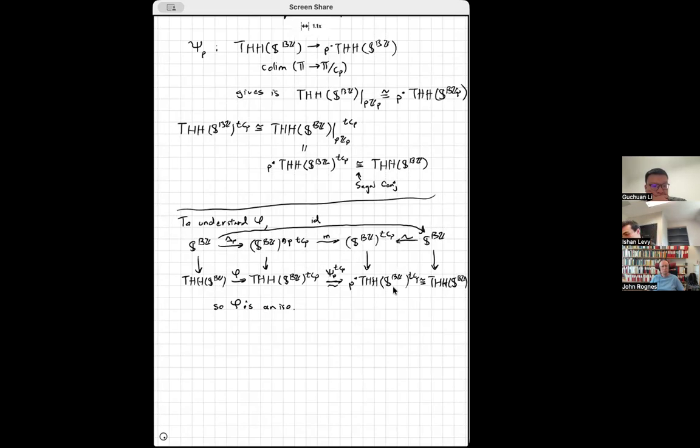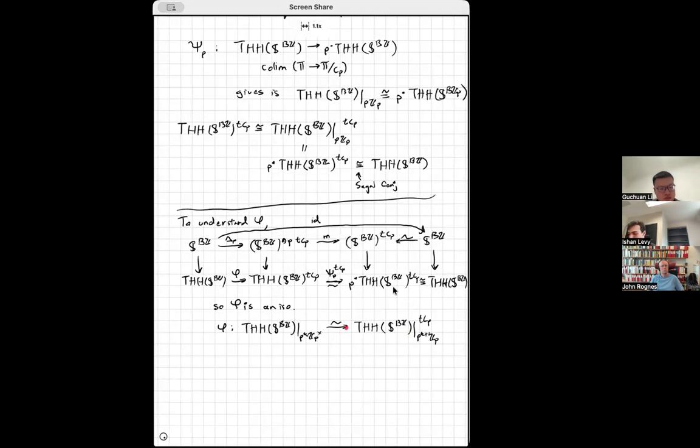And if you think a little bit more carefully about how this isomorphism works, you can see exactly what it's doing when you restrict to different subsets of Z_p. Namely, phi actually gives an isomorphism from THH of S to the BZ restricted to p^k Z_p cross, to THH of S to the BZ restricted to p^(k+1) Z_p cross, Tate C_p.